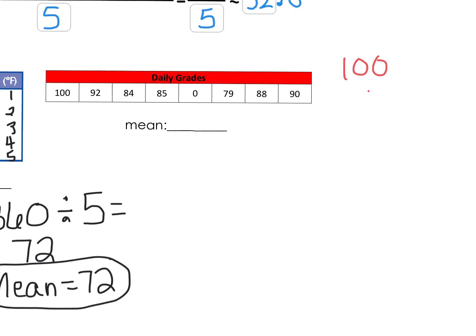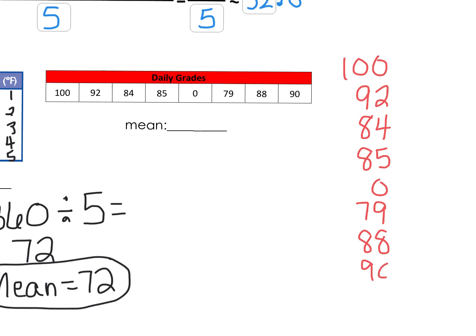We're going to add 92, 84, 85, 0, 79, 88, and 90. Okay, go ahead and take your time and add up those numbers.